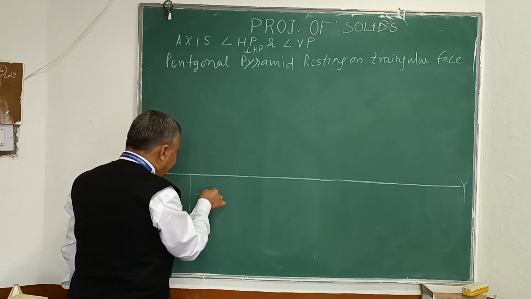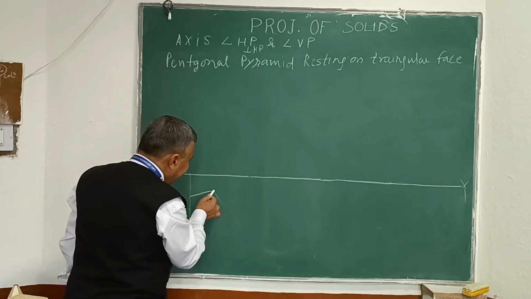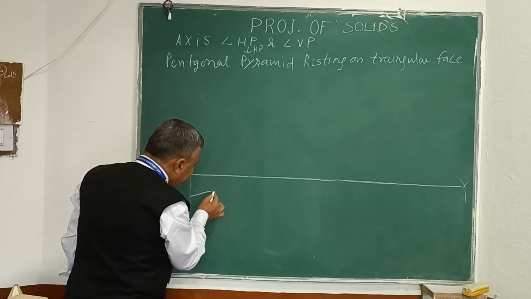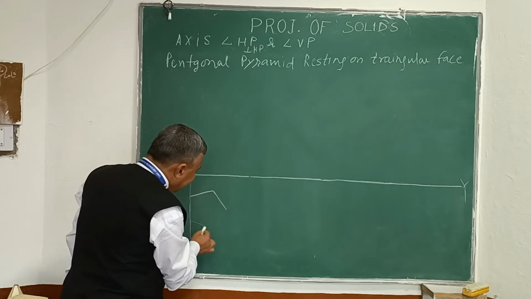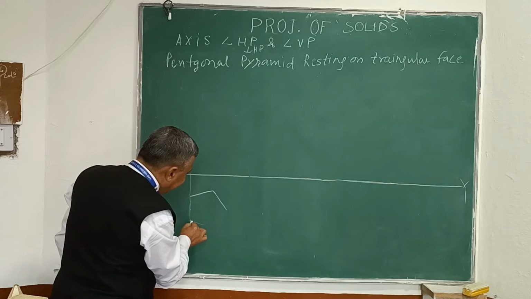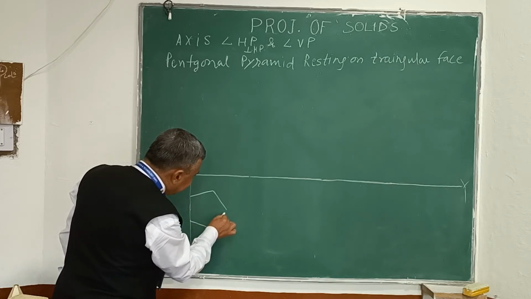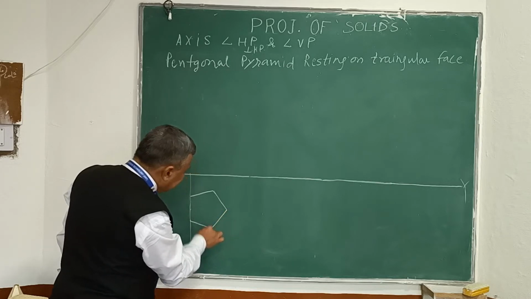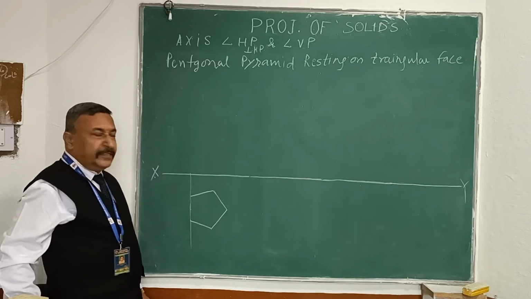The edge of the pentagon or base is already given. As you know, there are only two data given: one is the edge of base and another is the length of axis. So this is our pentagon.